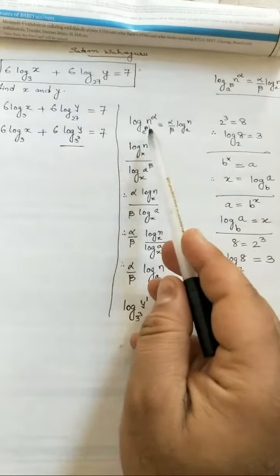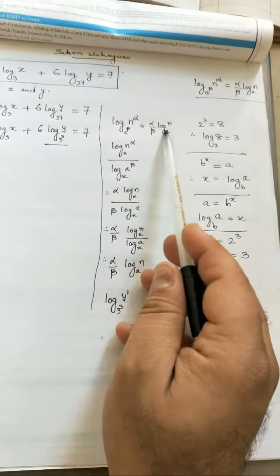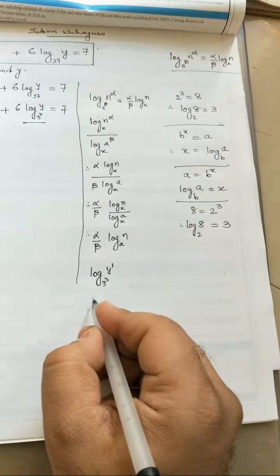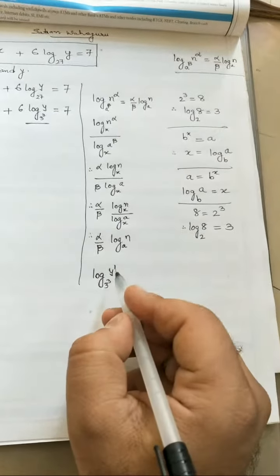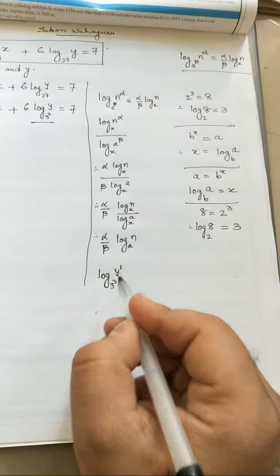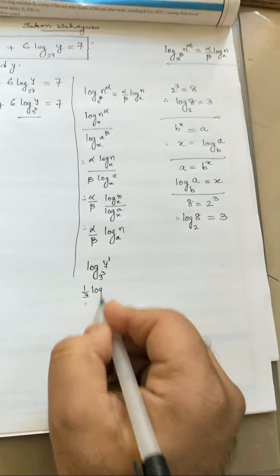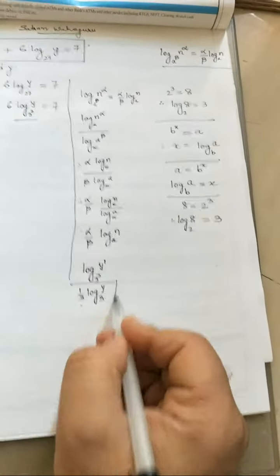So log a raised to beta n raised to alpha is equal to alpha by beta log n to the base a. So here we can say that this term is equal to alpha by beta. Alpha is this 1 and beta is this 3. So 1 by 3 and log y to the base 3.